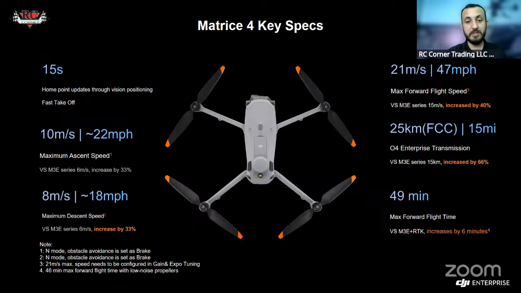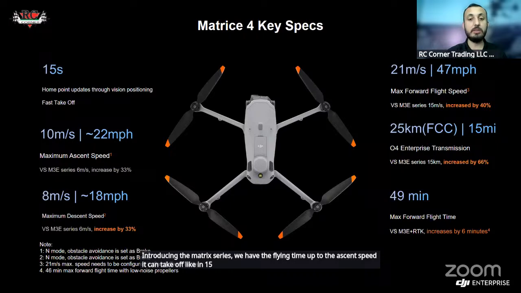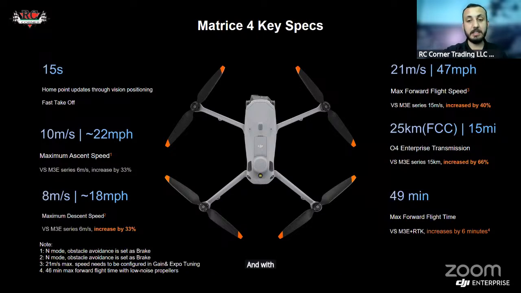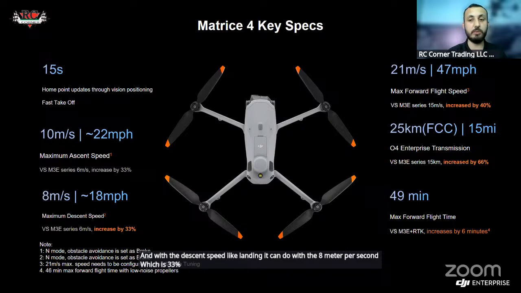Introducing the Matrice series, starting with flying time and ascent speed. It can take off in 15 seconds, so it is very useful for public safety or emergency responses. The ascent speed is 10 meters per second, and the descent speed, like landing, is 8 meters per second, which is 33% higher than the previous version.